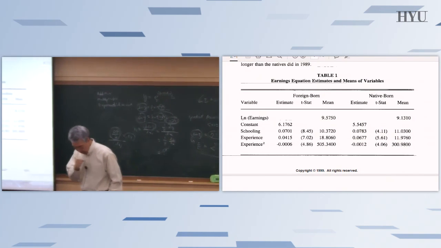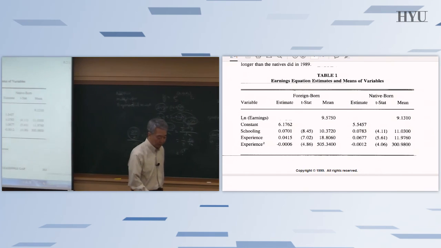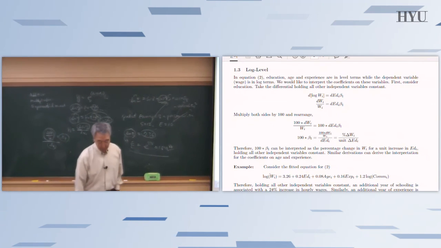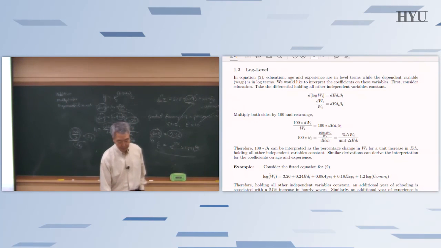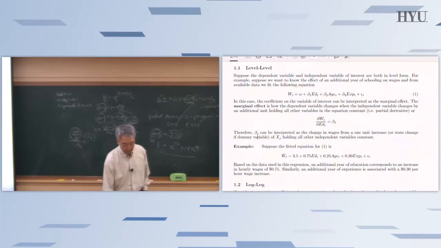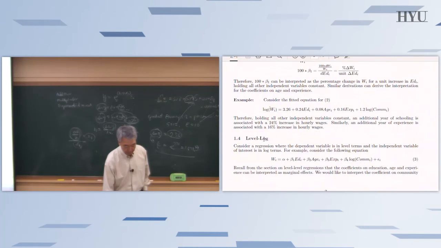So today we talked about two different log transformations, the log-log model and the log-level model. If you look at this handout, they actually talk about 4 different transformations: the level, which is really not a log transformation, log-log, log-level, and level-log.